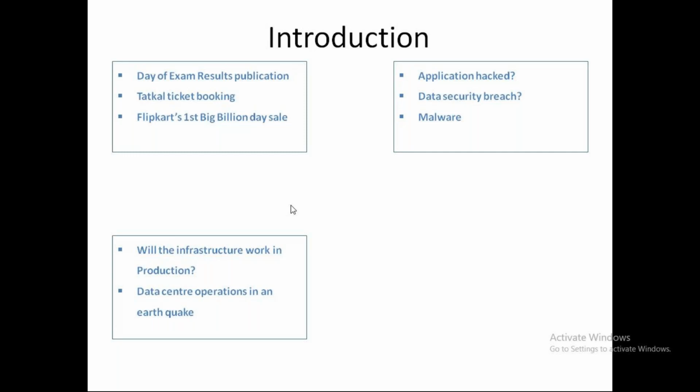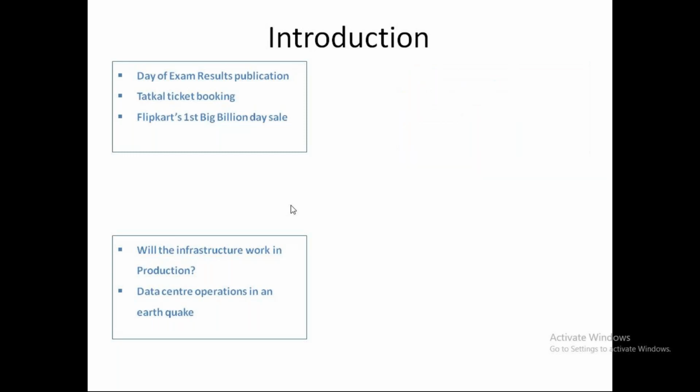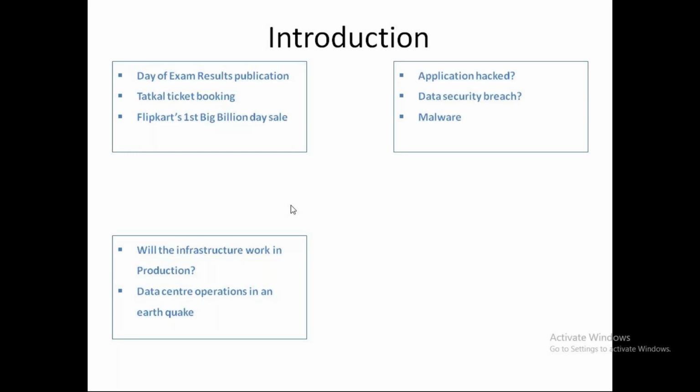Before that, now there was a war between Russia and Ukraine, right? So some companies would be based out of Russia, some companies would be based out of Ukraine. So how did they manage their operations? Clear? So those all things are there. Then application, can my application be hacked? Similarly, can there be a data security breach in my application?